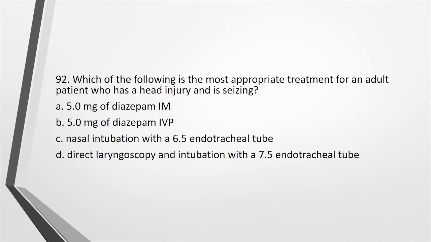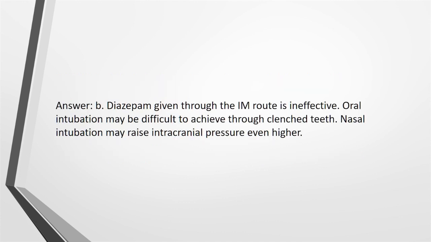Which of the following is the most appropriate treatment for an adult patient who has a head injury and is seizing? Answer. B. Diazepam given through the IM route is ineffective. Oral intubation may be difficult to achieve through clenched teeth. Nasal intubation may raise intracranial pressure even higher.